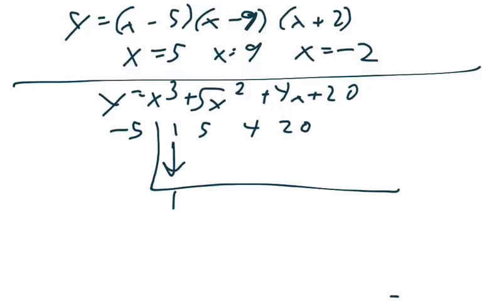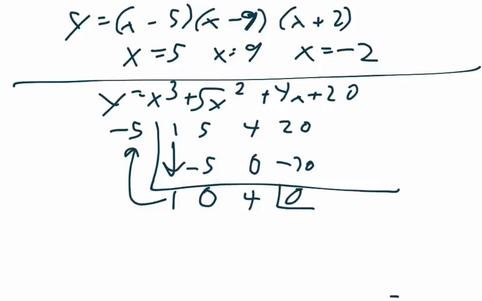They told me to use synthetic division. So I bring the 1 down. 1 times negative 5 is negative 5. 5 plus negative 5 is 0. 0 times negative 5 is still 0. 4 plus 0 is 4. 4 times negative 5 is negative 20, with a remainder of 0.